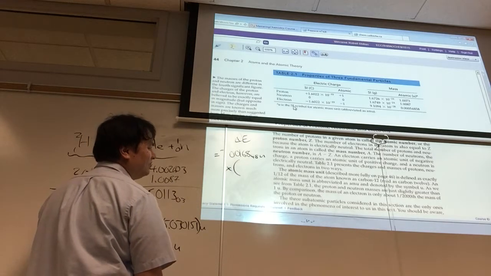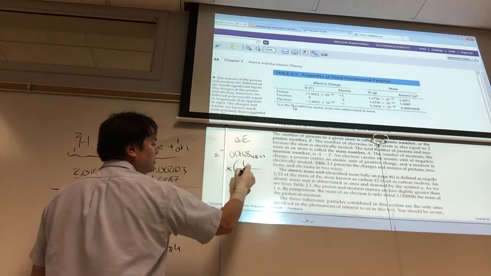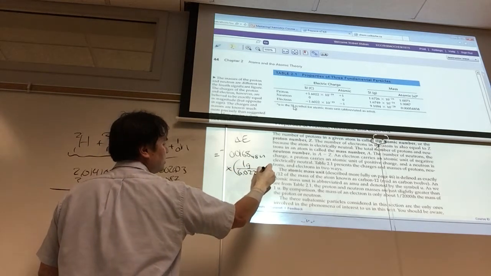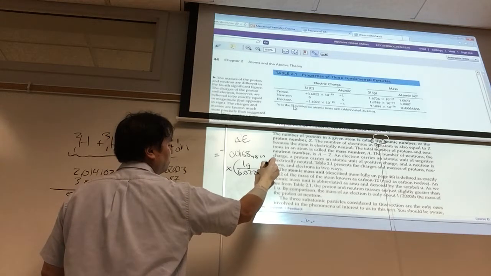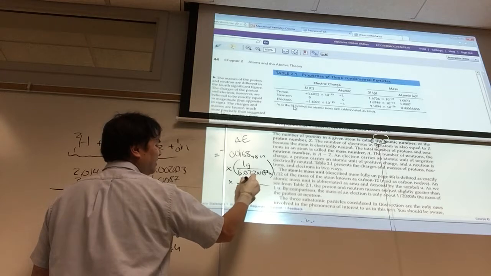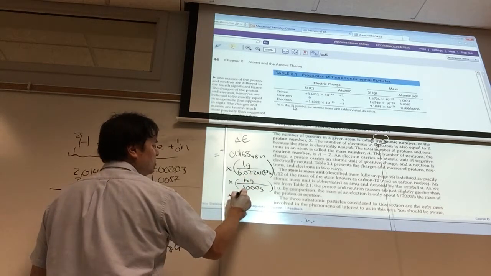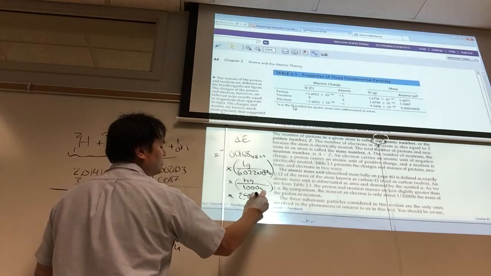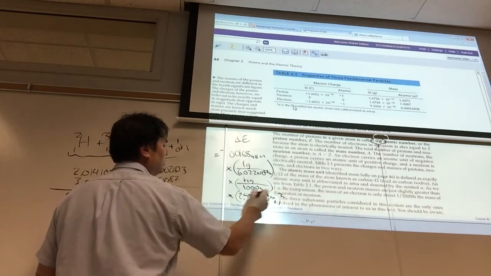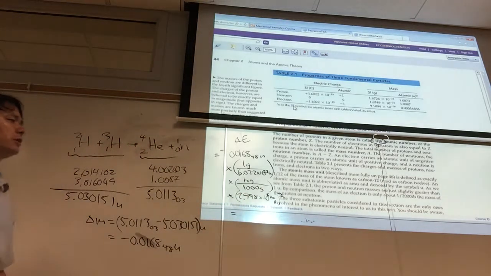So what is it? 1 gram is equivalent to how many U? 6.022 times 10 to the 23rd U. And then convert it to kilograms. A kilogram is equivalent to 1,000 grams. And then times C squared, 2.998 times 10 to the 8 meters per second quantity squared. That's going to give us how many joules of energy?